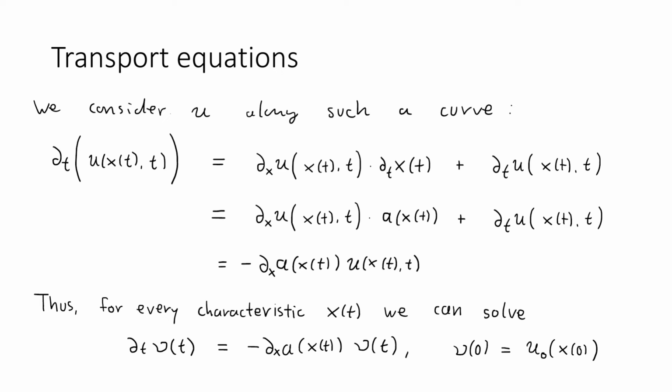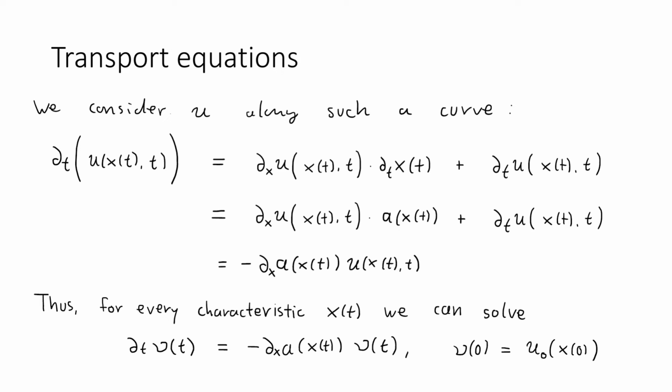But just a few minutes ago, we have seen that that expression can also be written as the negative x derivative of a at x(t) times u(x(t), t). And notice that, again, u(x(t), t) is just the value of u along the characteristic curve at time t. That leads us now to an ordinary differential equation.